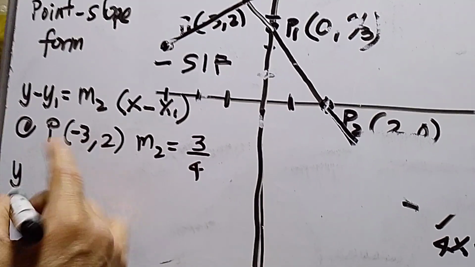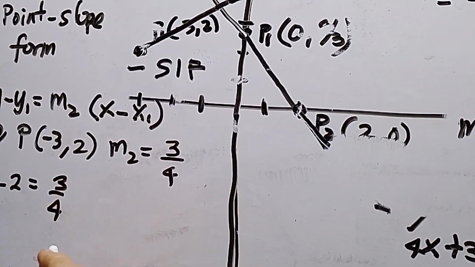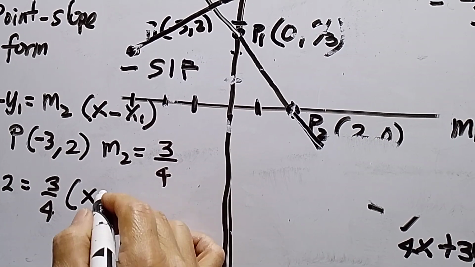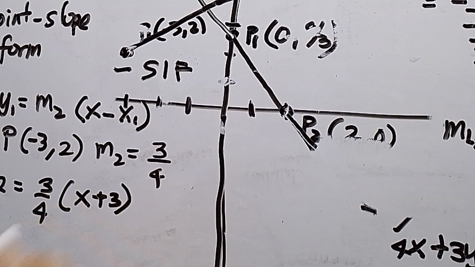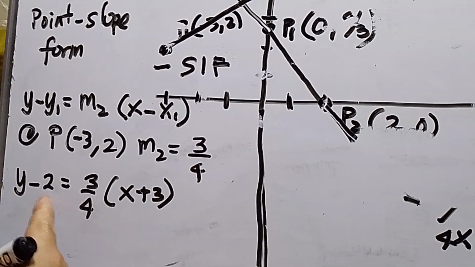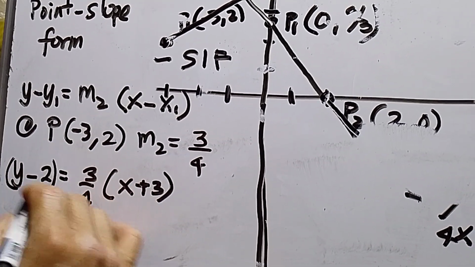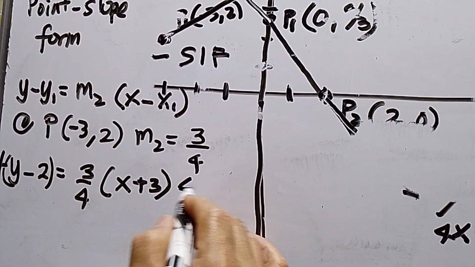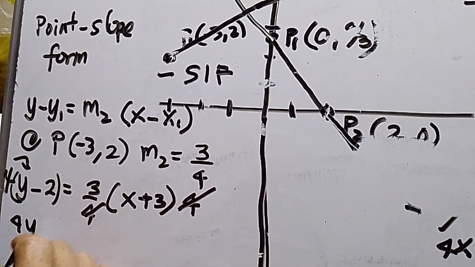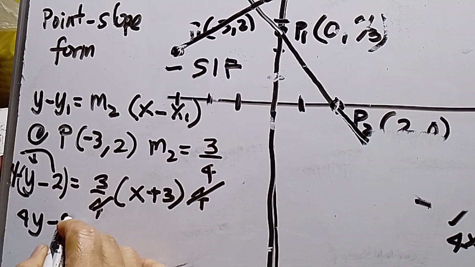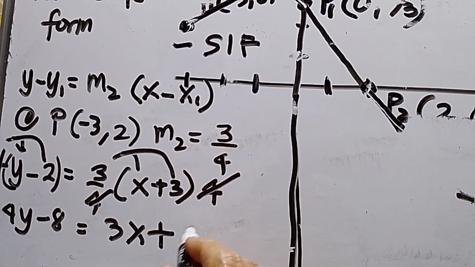So I have here y minus 2 is equal to 3 over 4 times x minus negative 3, so this will be plus. So y minus 2 is equal to 3 over 4 times x plus 3. I need to multiply both sides by 4, then this is crossed out. Then distribute: 4y minus 8 is equal to 3x plus 9.